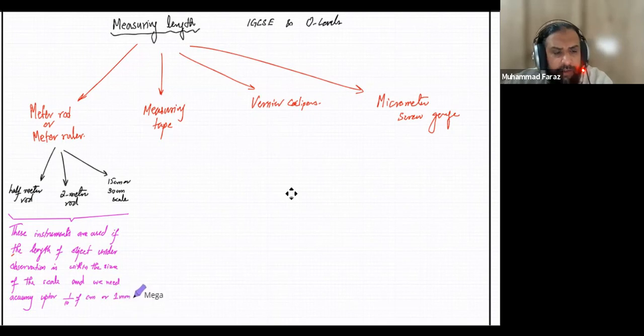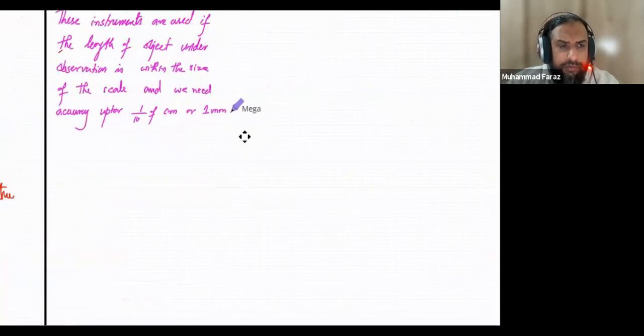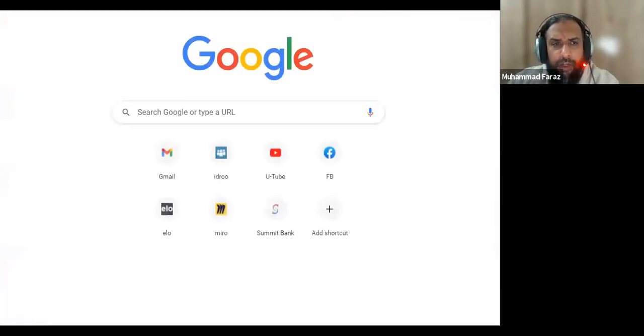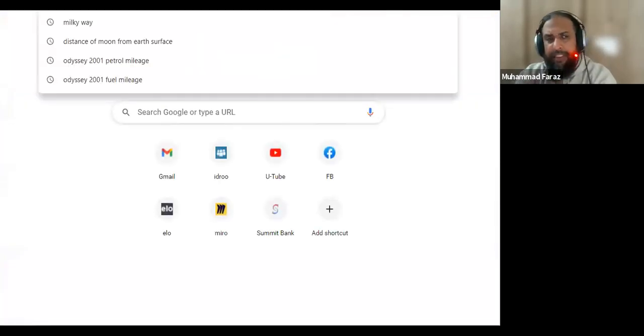If we want the accuracy of 1 millimeter, we can use a meter rod or the scale that is in your geometry box. They all have measurements up to 1/10 of a centimeter.